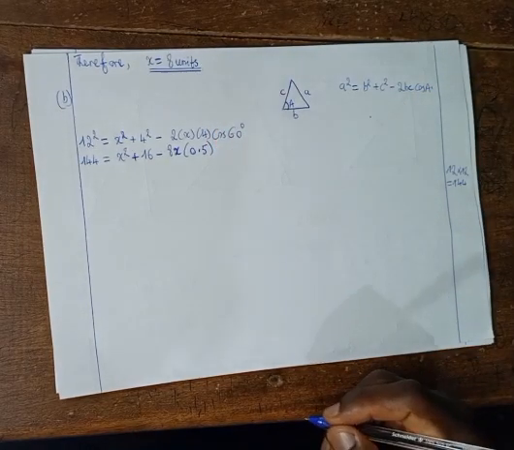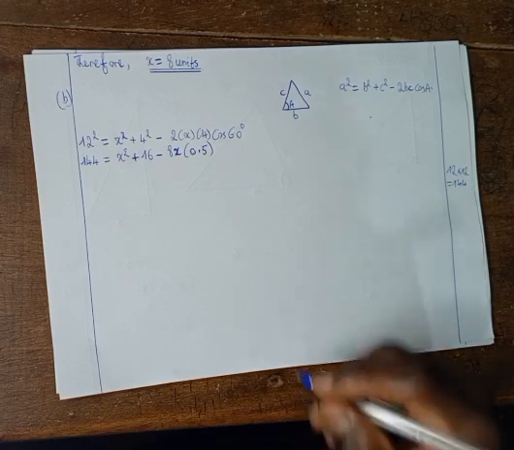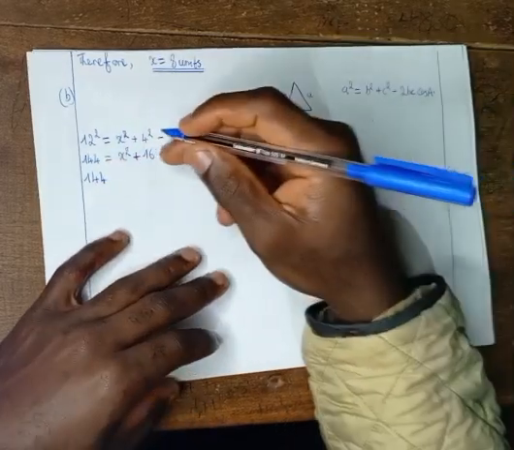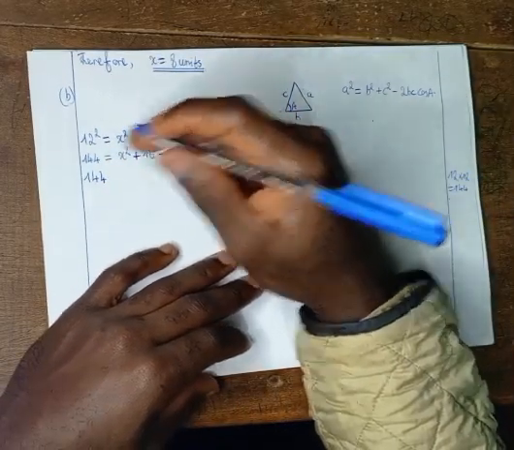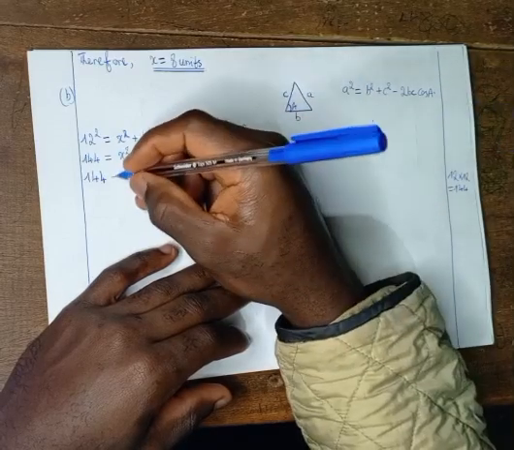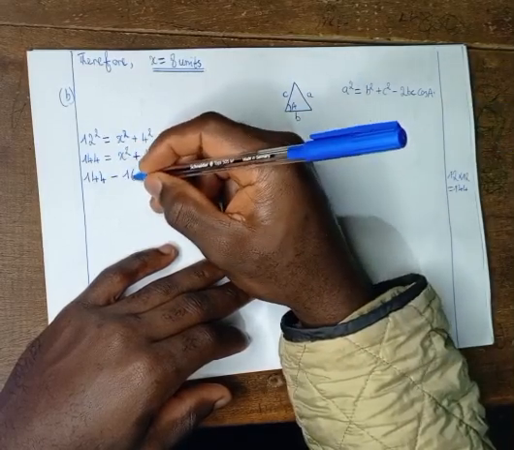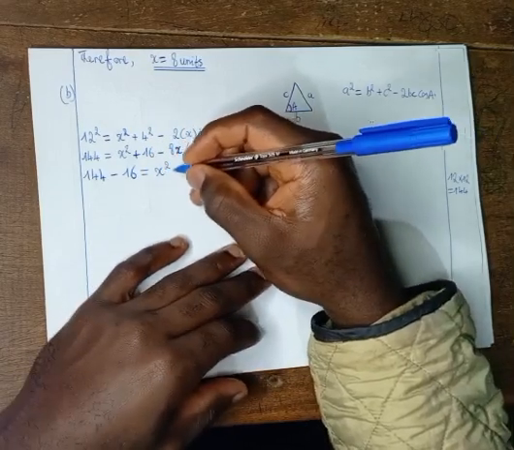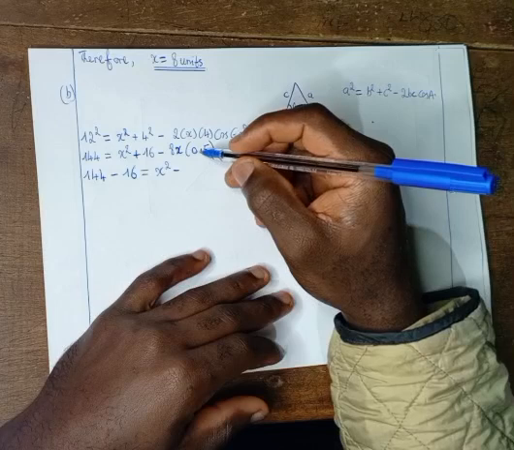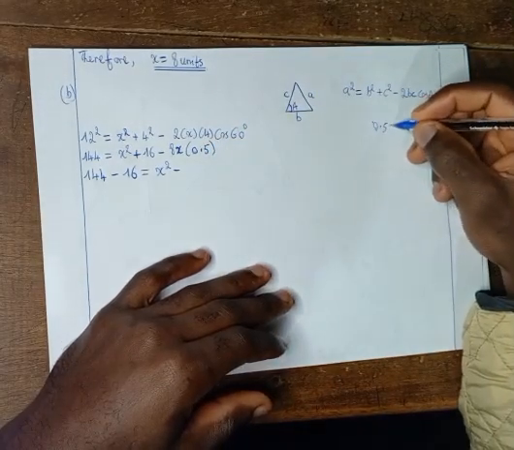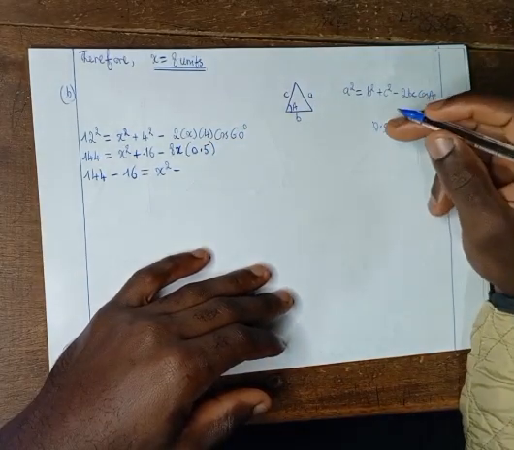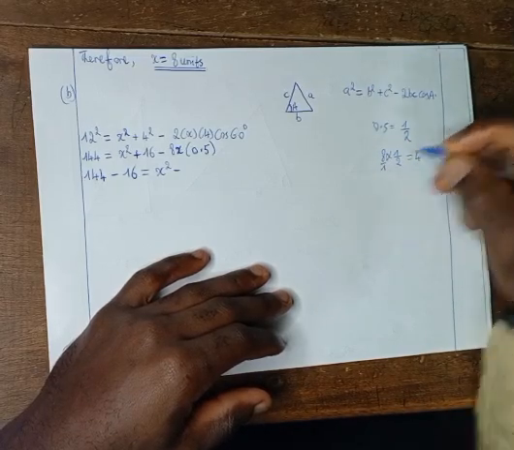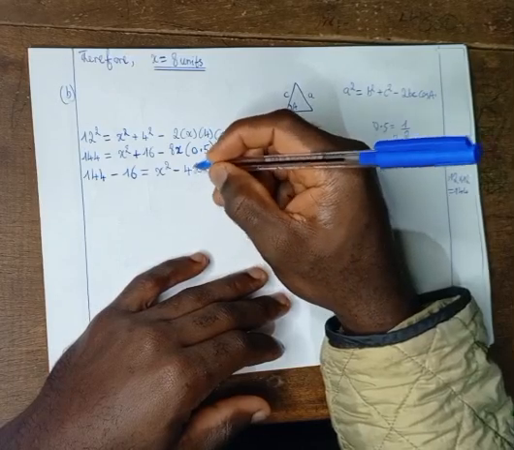Next you have to perform necessary simplifications. This will give us 144. Going to transfer 16 this way, which gives us minus 16, equal to x squared minus, if we take 8x times 0.5, we know 0.5 is the same as a half. 8 times a half will simply give us 4, so this will give us minus 4x.